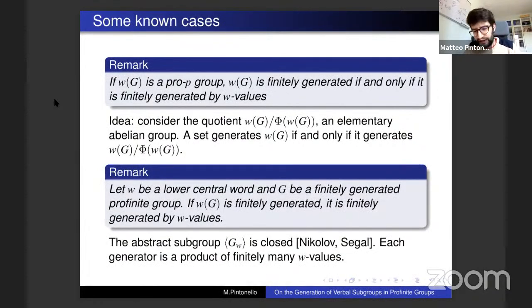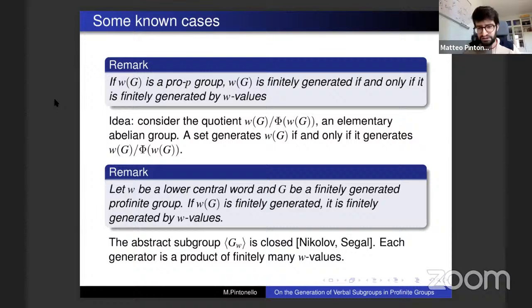And there is another case, easy if we assume the theorem of Nikolov-Segal, which is really deep: for lower central words, if G is a finitely generated profinite group, where finitely generated is crucial, then the verbal subgroup is finitely generated.